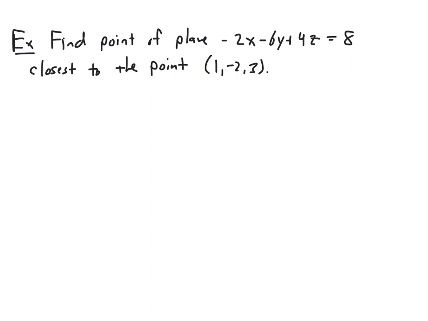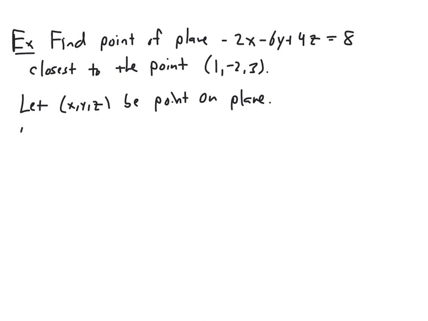Okay. So we're going to start here. We're going to let x, y, z be a point on our plane. So it's just an arbitrary point on our given plane.